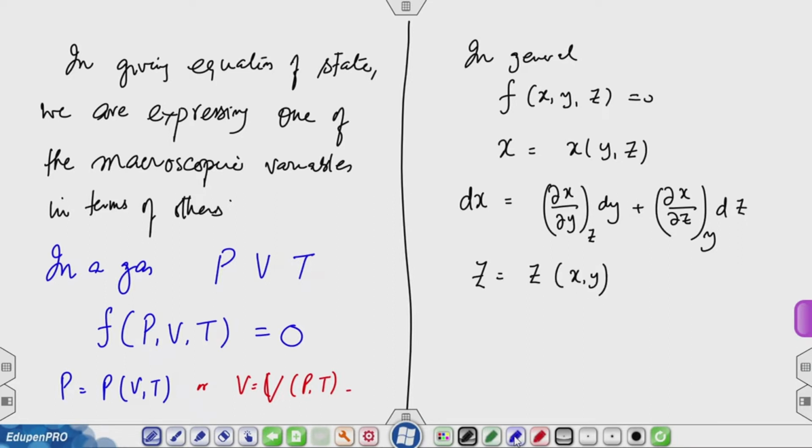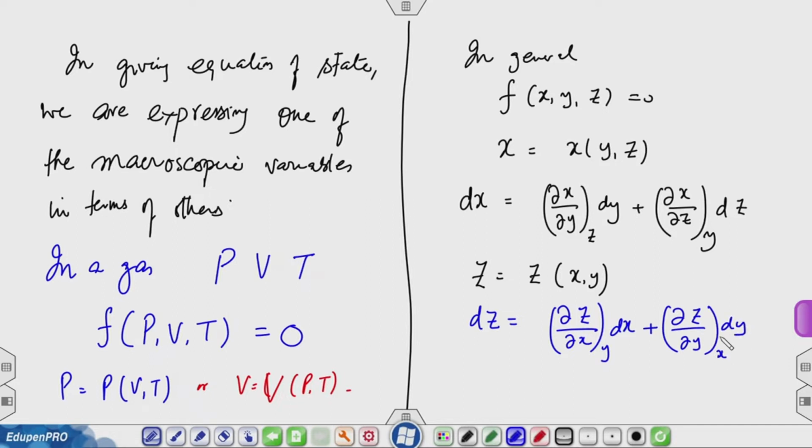Then I have dz equals partial z, partial x at constant y, dx plus partial z, partial y at constant x, dy.